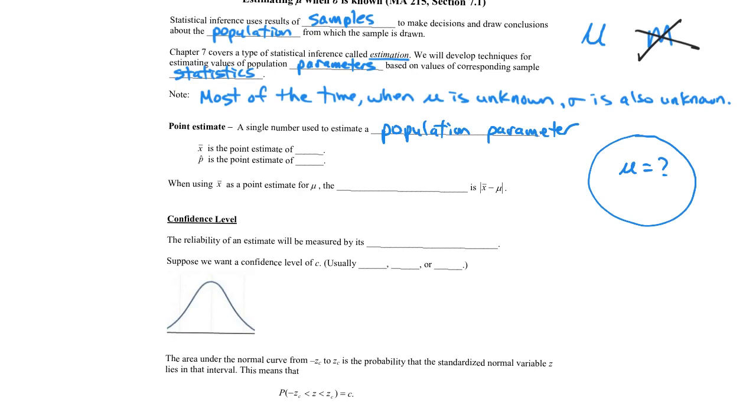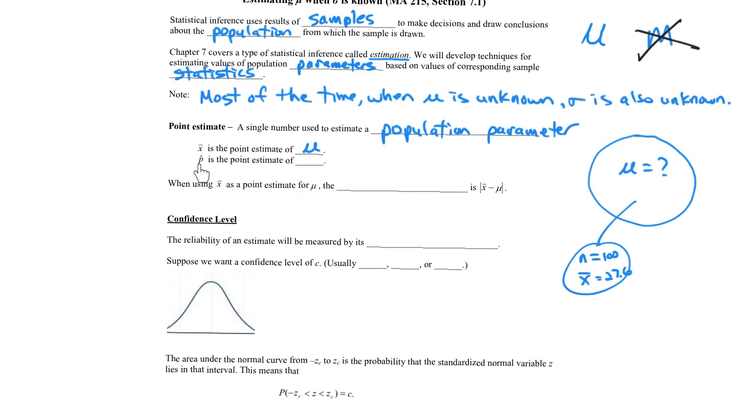So we're going to know basically the average age of a GRCC student. We don't know it. So we take a sample. Let's say we sample 100 students and we come up with a sample mean. So this number would be a point estimate. So x bar is the point estimate of mu.